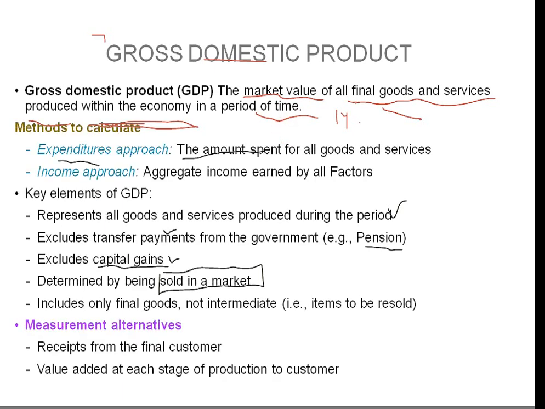There are two other methods which can be used for either the income approach or the expenditure approach. That is receipts from the final customers, the total of what we are getting from our customers, or value added at each stage.